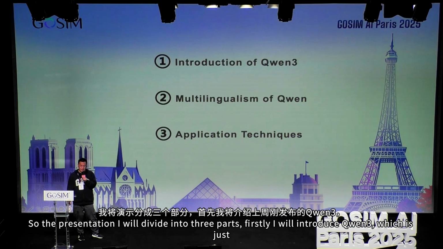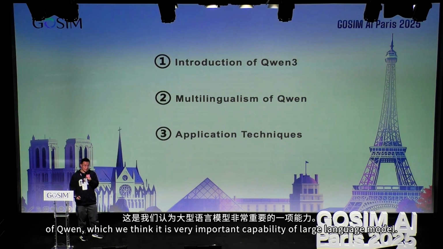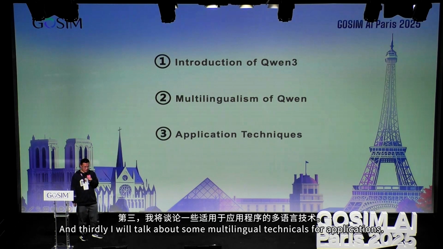Firstly, I will introduce Qwen 3, which was released just last week. Then I will introduce the multilingualism of Qwen, which we think is a very important capability of large language models. And thirdly, I will talk about some multilingual techniques for applications.